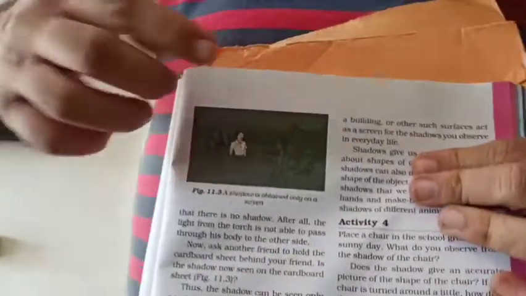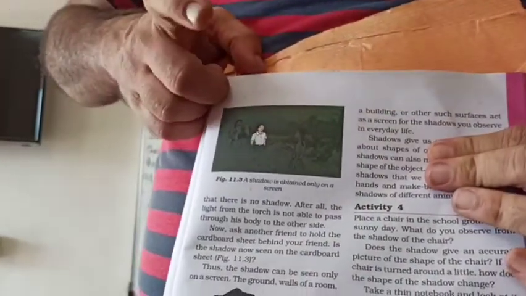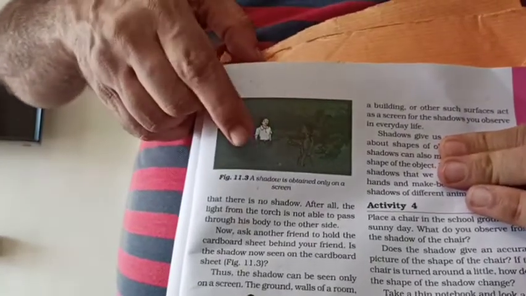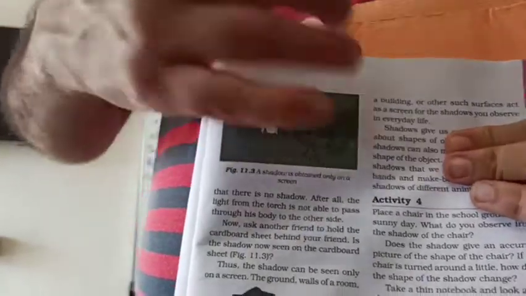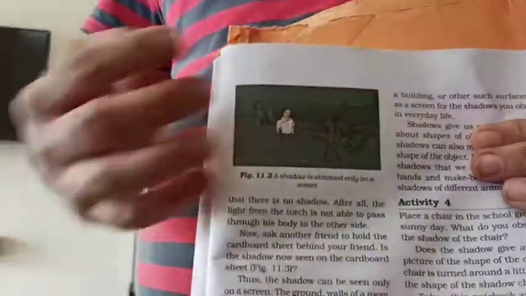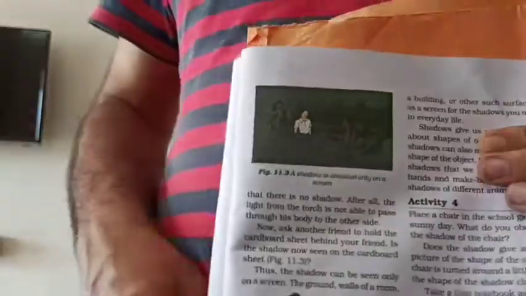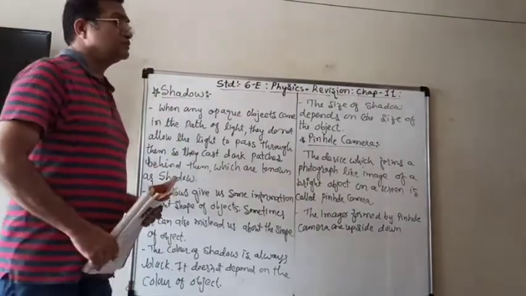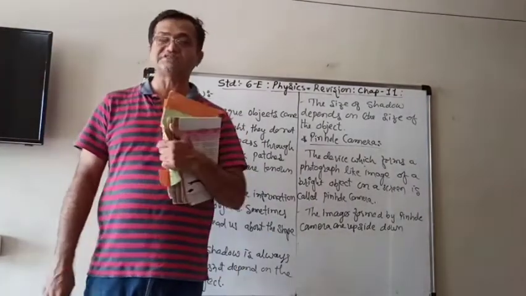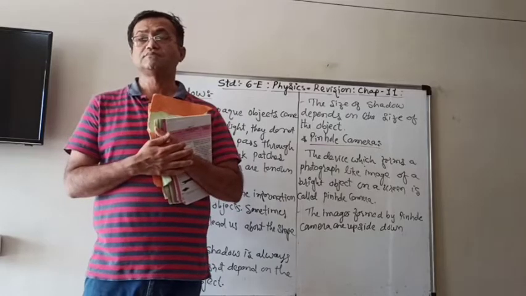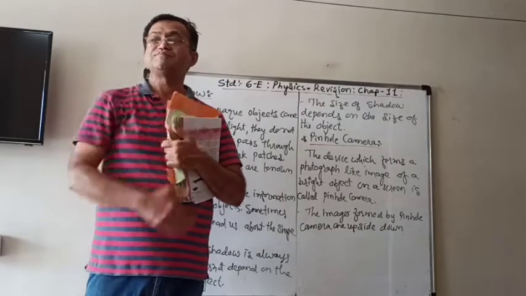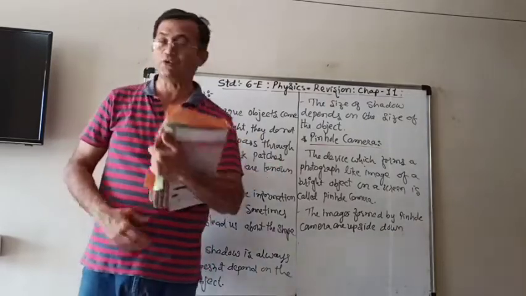You can see that here somebody is standing behind with a cardboard, then you can see the shadow of that person. But if you are not standing there with the cardboard, then what will happen? You will not be able to see the shadow. The shadow is there, but there is no screen that can show you the shadow.